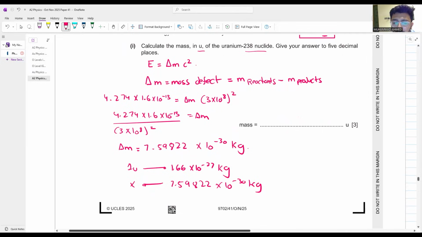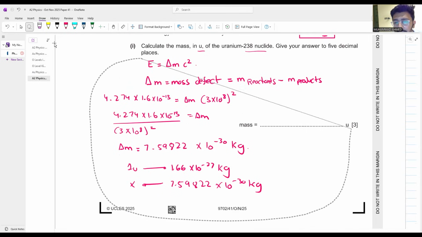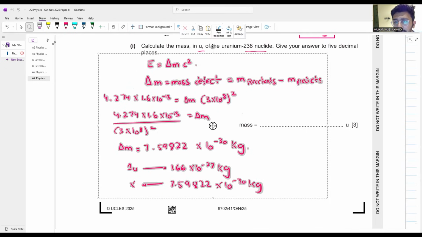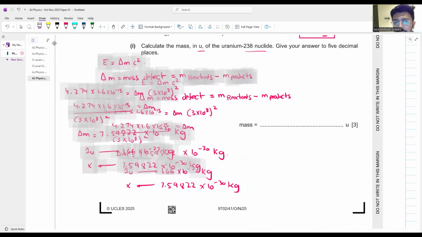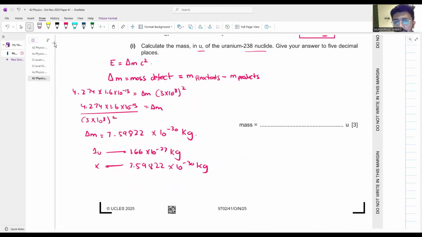U की वैल्यू निकाल लोगे? Let's calculate that. We are short on space. इसको हम थोड़ा सा छोटा करके इधर रख देते हैं. ठीक हो गया.